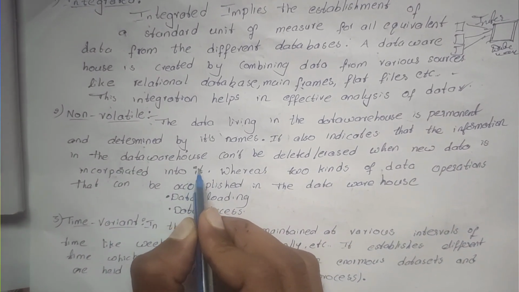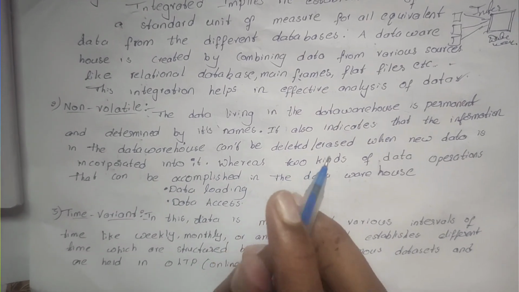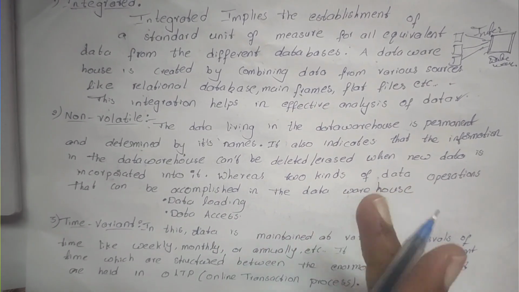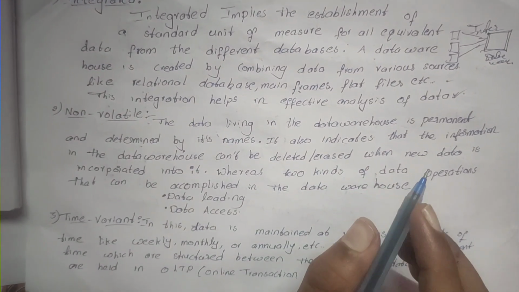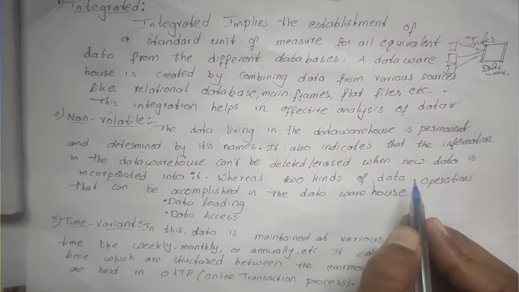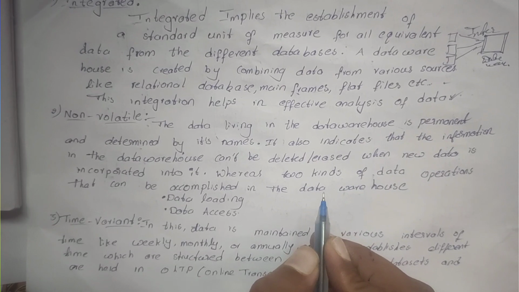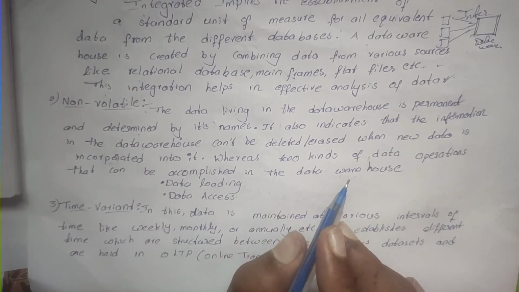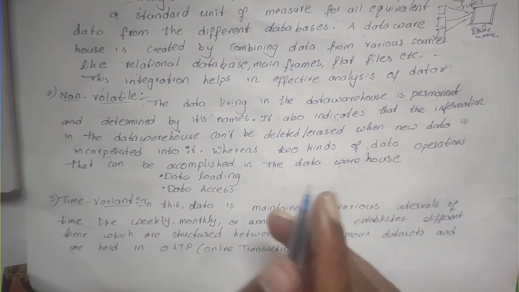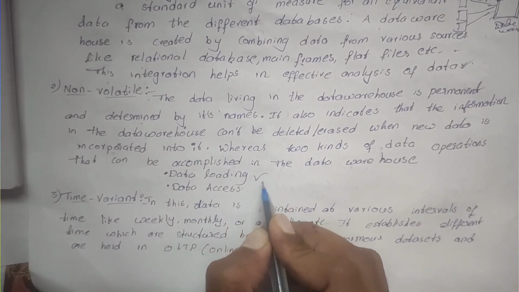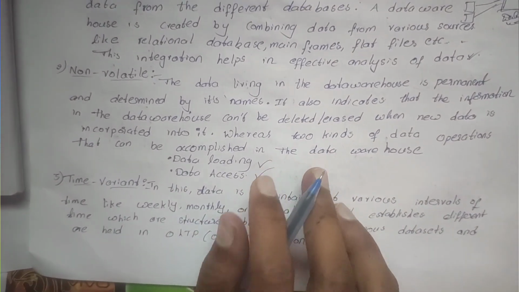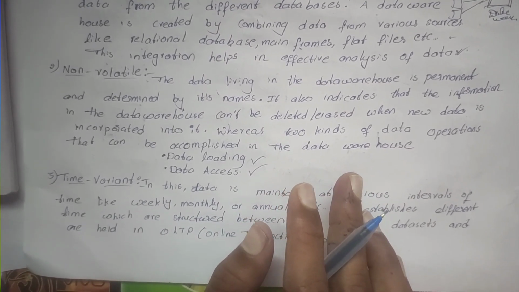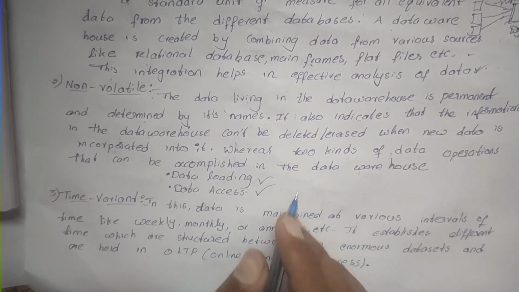We cannot modify, delete or erase the data, whereas we can do two kinds of data operations in a data warehouse, that is data loading and data access. Remaining things like modifying and adding data, we cannot do in a data warehouse.